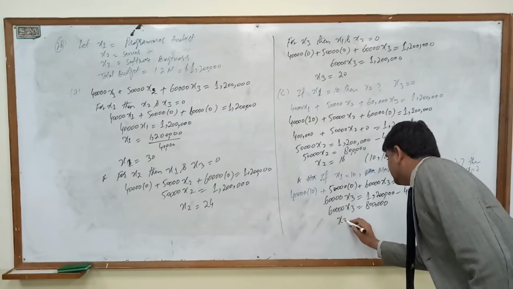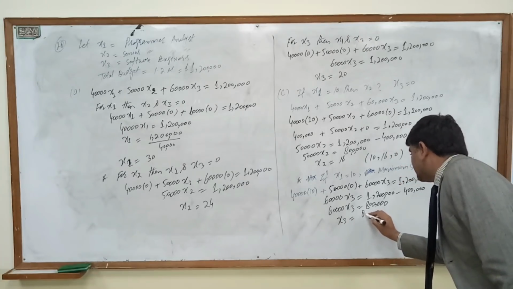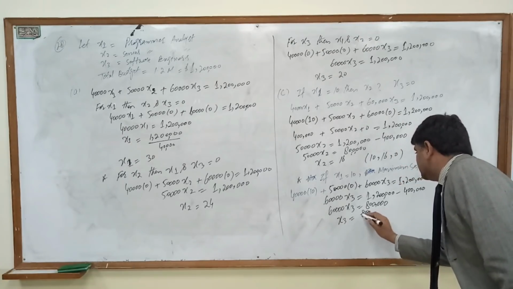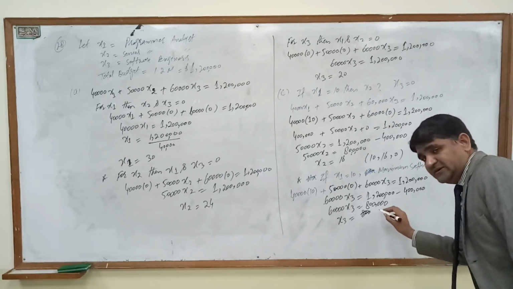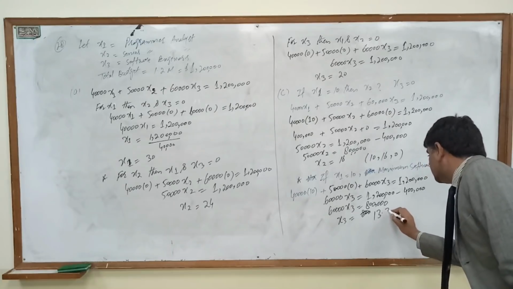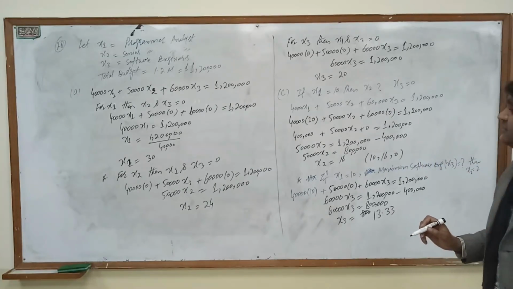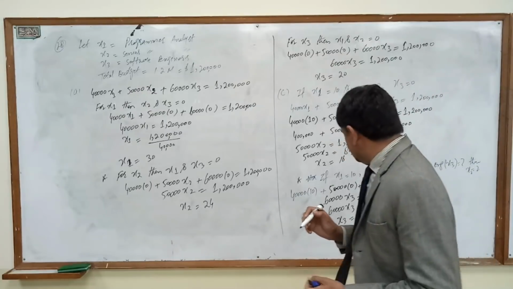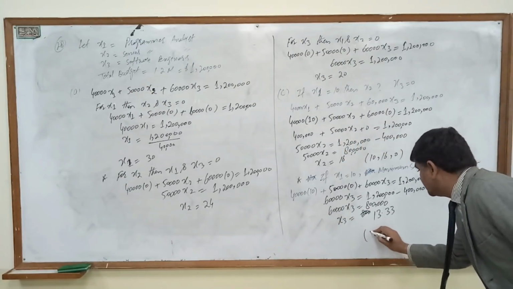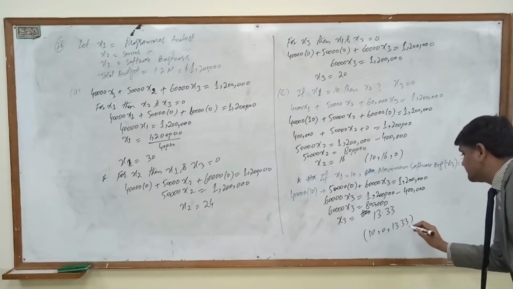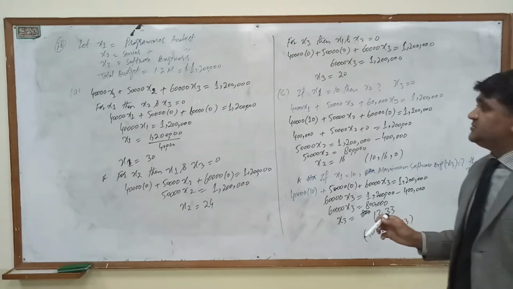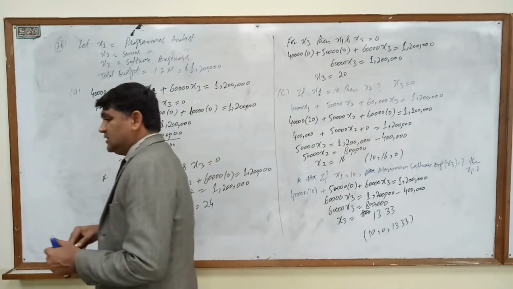So x3 is equal to 800,000 divided by 60,000, which is 13.33. So 13.33 software engineers can be hired. So what is the pair? 10, 0 and 13.33. That's about question number 28.